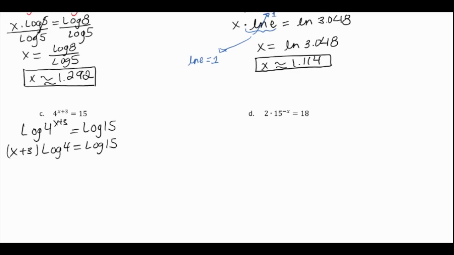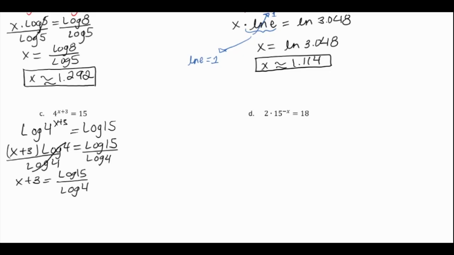We solve for the variable, so the first thing we need to do is divide both sides by log of 4. These cancel. So now we have x plus 3 equals log of 15 over log of 4.